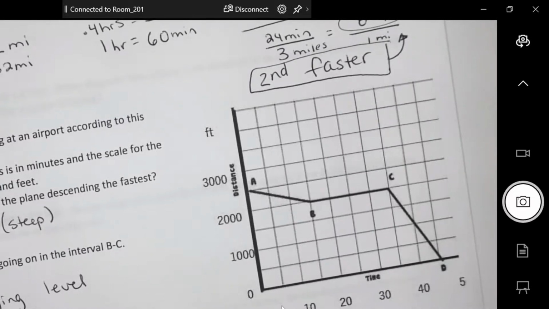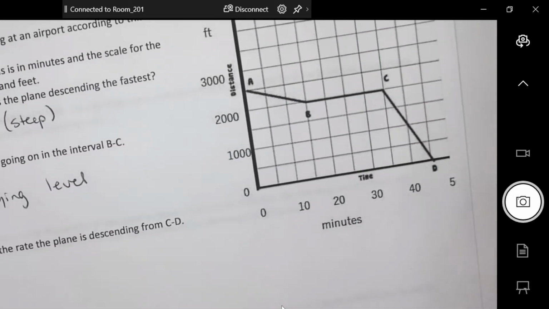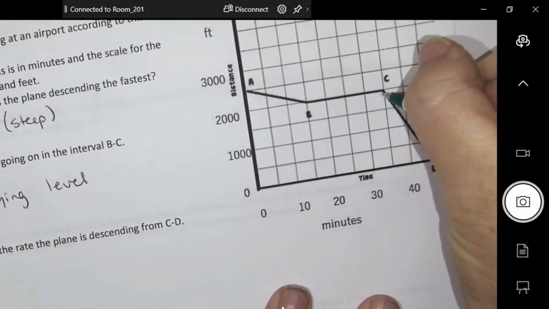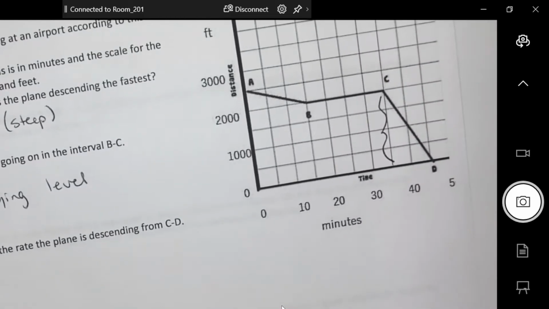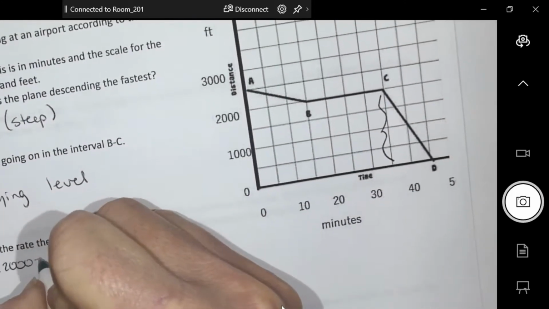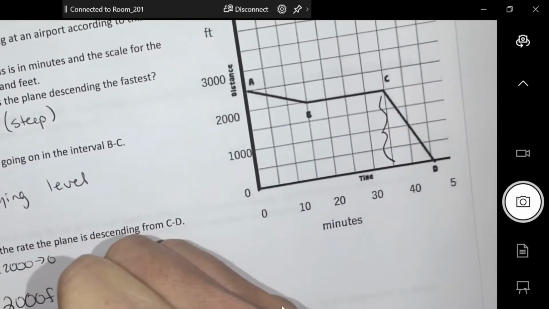Determine the actual rate from going from C to D. How much altitude did it move in that zone? It went from 2,000 to 0, so it moved 2,000 feet.